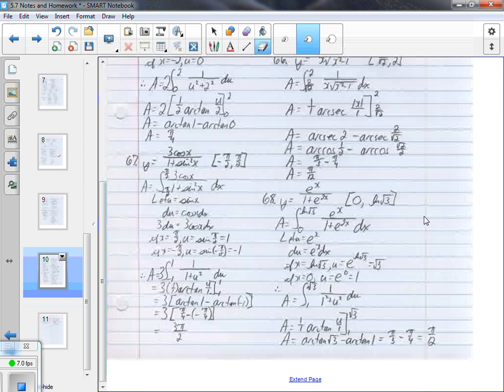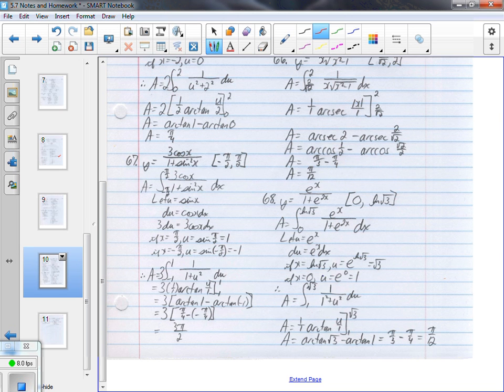All right, on 67, what are we doing? All right, we're finding the area of the region. So the equation they give us is y equals 3 cosine of x over 1 plus sine squared of x.